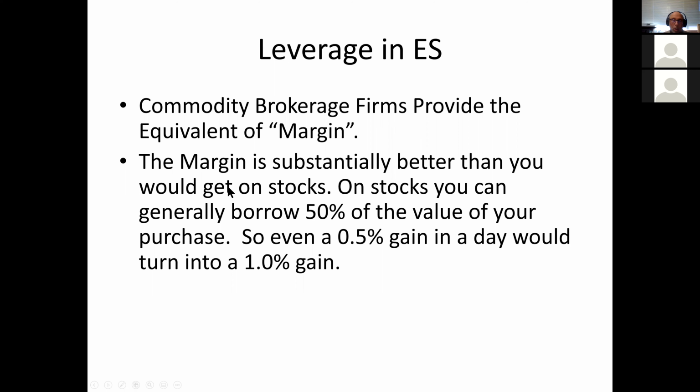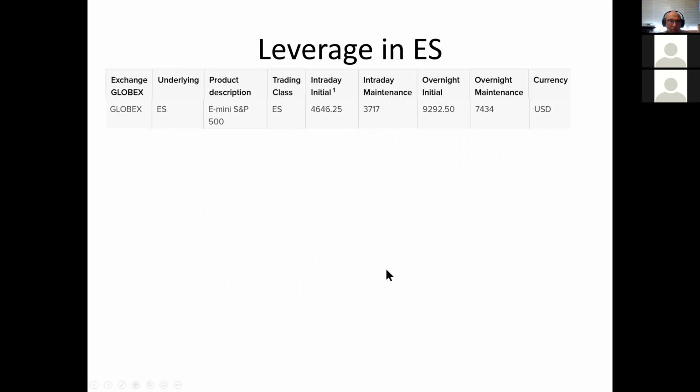They will let you borrow 50% of the value of your purchase. So if you wanted to purchase $10,000, you would only have to put up $5,000. But that means if you're making a small gain, you double it. Not real interesting for us.